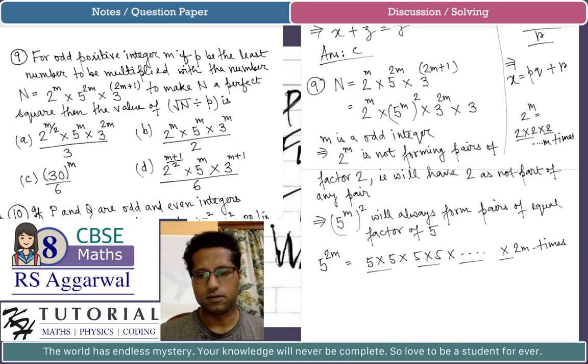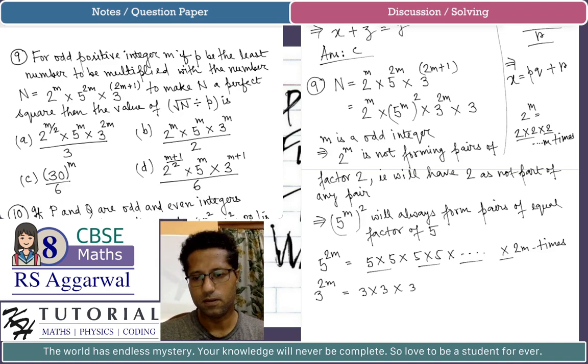Now similarly, 3 to the power 2m will be equal to 3 multiplied by 3, 2m times, and will form pairs of equal factors of 3.